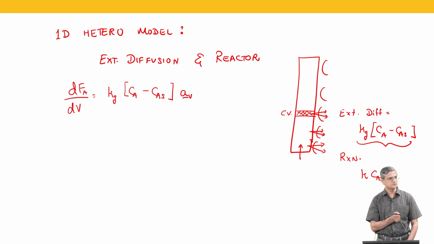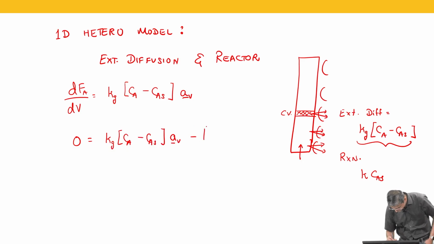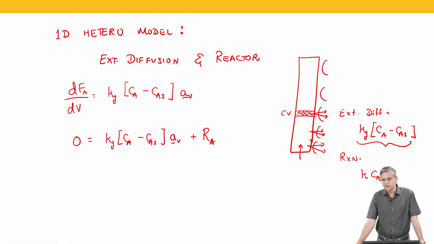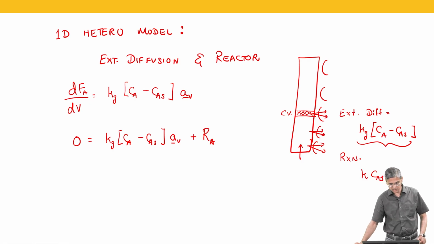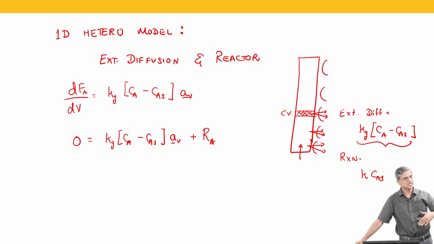Where did we encounter this first? Module 5A. Okay, and what happens on the catalyst surface? Same thing that we did in module 5A. What did we do in module 5A? The first equation was equal to RA. The second equation, we did it exactly the way it is, right?